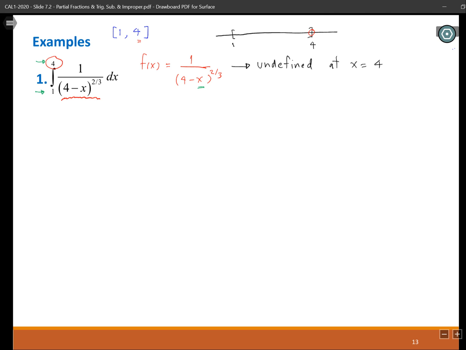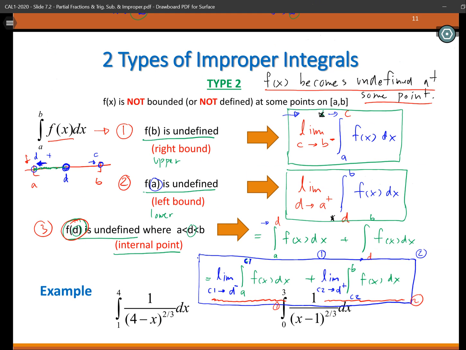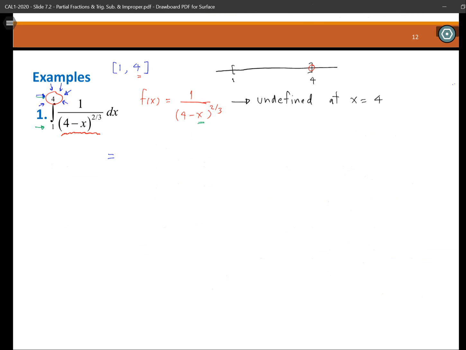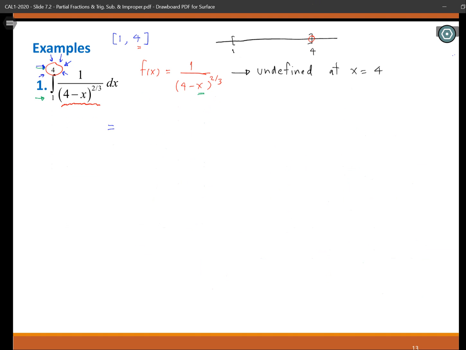So the first thing we are going to do is to rewrite this in a different notation. We are going to take care of this point, x equal to 4, to be something else. And as you can recall, this is the case for scenario 1. The problem occurs at the upper bound. So we are going to replace 4 right here with c, a new parameter.